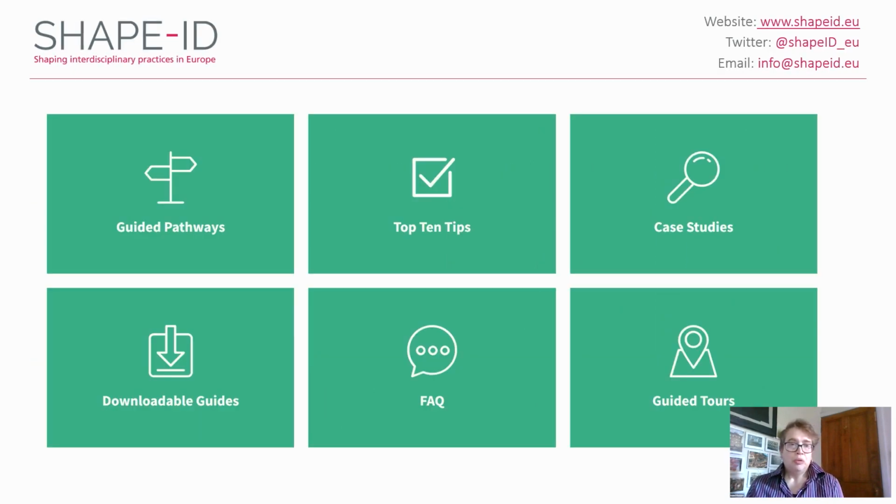There's also on the toolkit a breakdown of the kinds of resources we offer. So the guided pathways I've already talked about, the top 10 tips, the case studies, and the downloadable guides are all short guides that we created ourselves. And there's also an FAQ section that you can navigate the toolkit with, and some guided tours that we created.